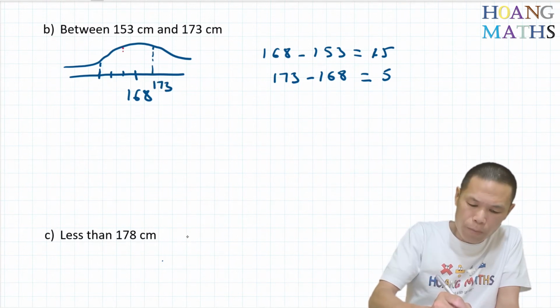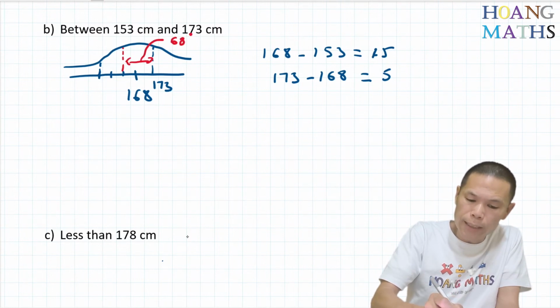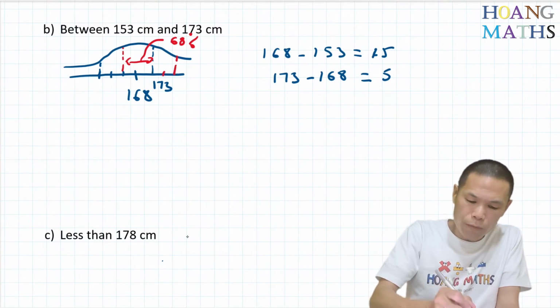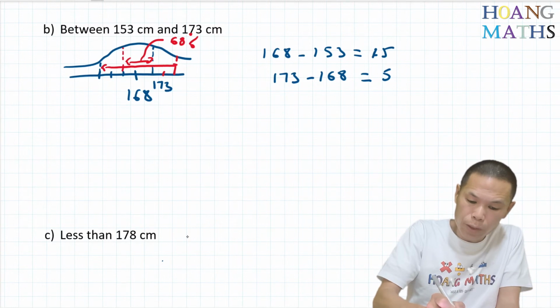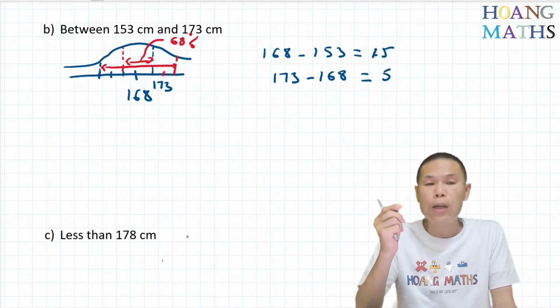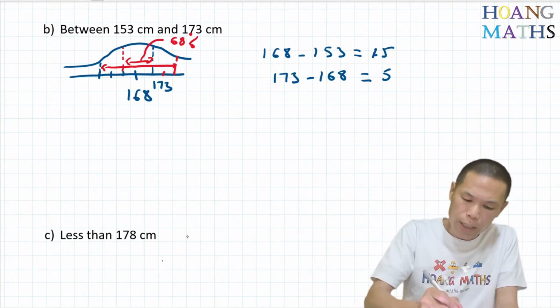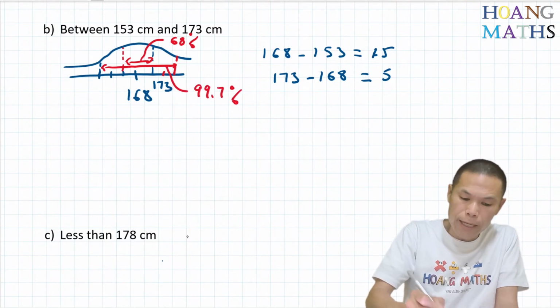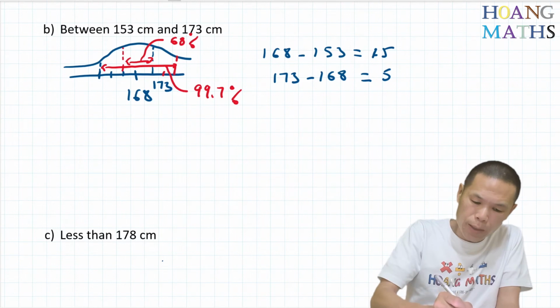So we know that from here to here is 68%, and from here to here is symmetrical. And from here to here is 3 standard deviations from the mean, so that is 99.7%. And what we're after is this area here.